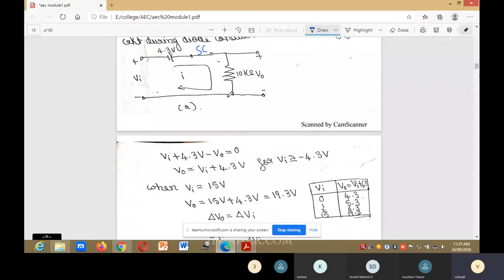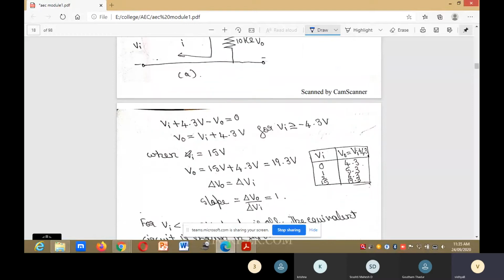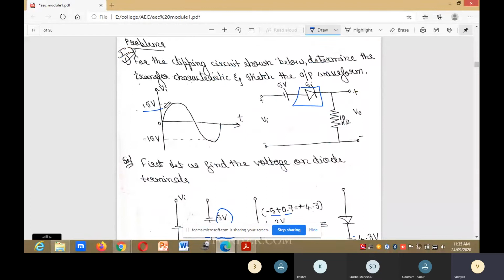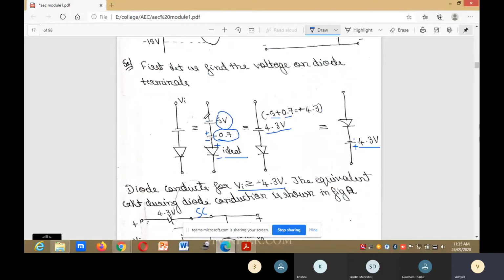What do you get from this equivalent circuit? Write the equation: Vi plus 4.3, since minus to plus gives plus Vi, minus to plus again gives plus 4.3 volts, minus V0, since plus to minus, equals 0. So V0 equals Vi plus 4.3 volts, for the condition Vi greater than minus 4.3 volts. In the diagram the input is 15 volts for the positive cycle.